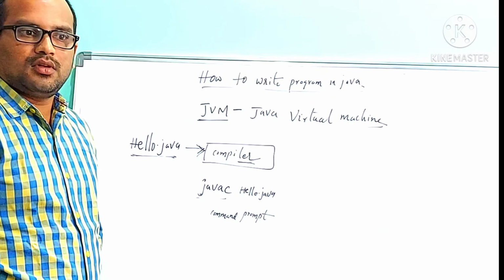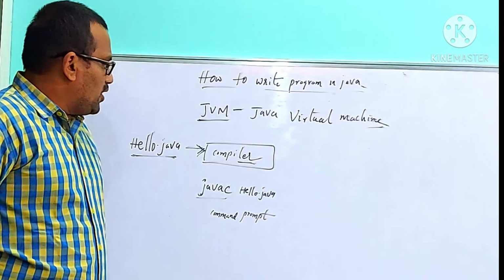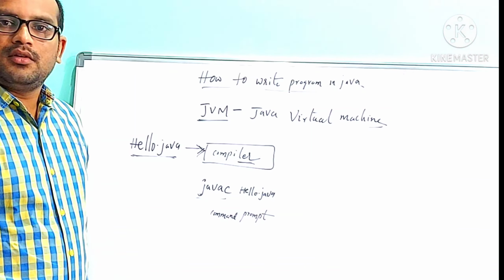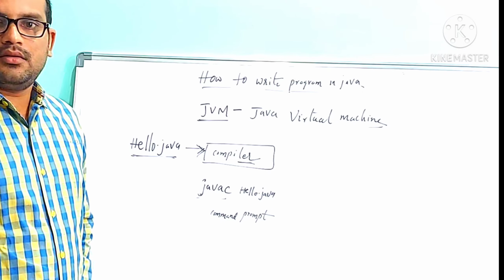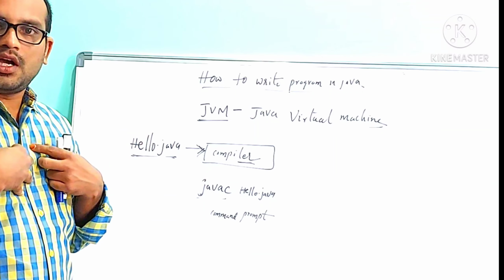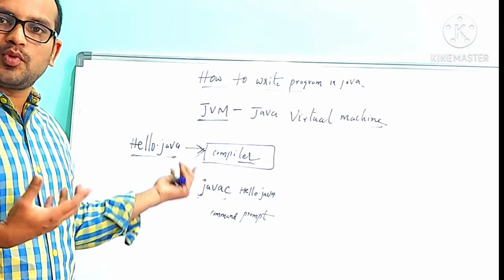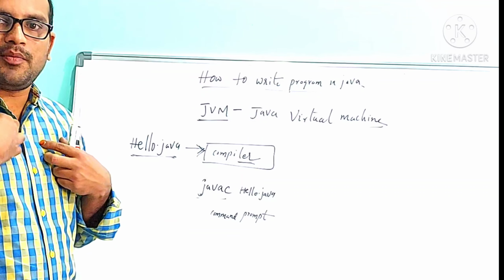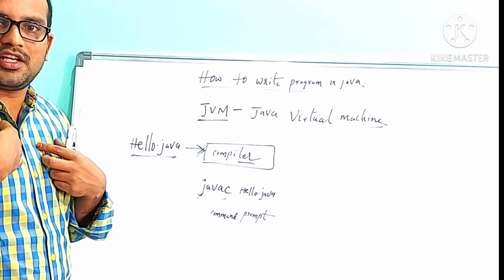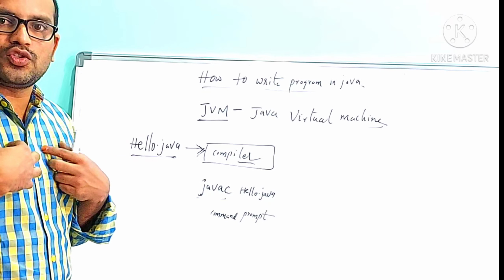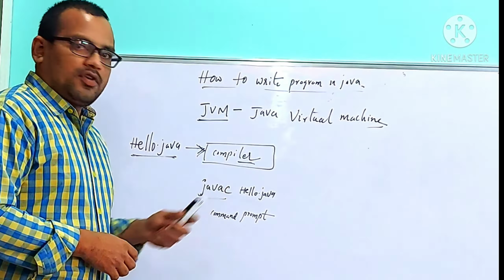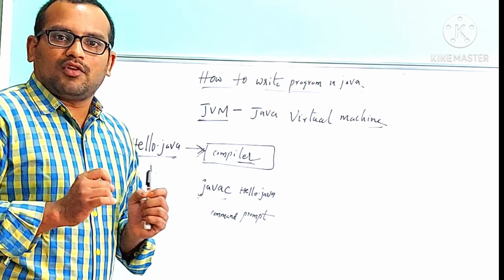When you activate the Java compiler, first of all, it takes our source program, which contains English alphabet program because it was created by the user. So the compiler first of all checks for errors in our program.